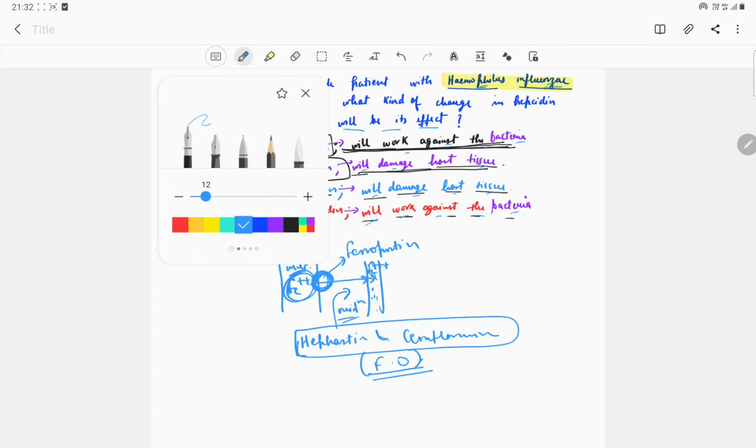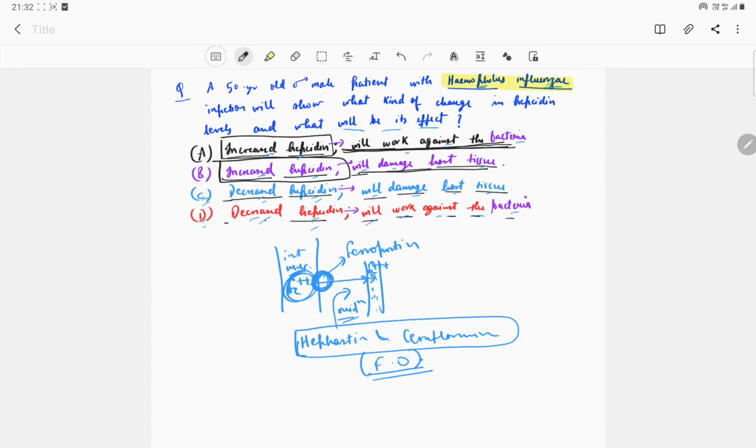So the main thing for this question is that ferroportin is a transporter of iron from the intestinal mucosa into the bloodstream. Hepcidin is produced by the liver, and this hepcidin binds to ferroportin and degrades ferroportin.